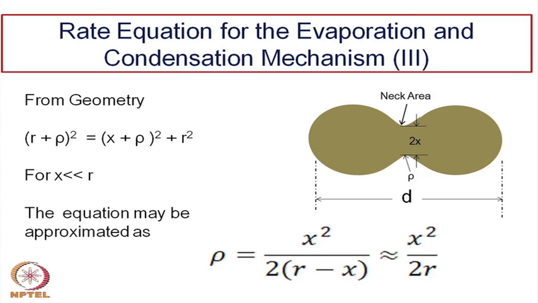And once again, we are also assuming that x is much smaller than r, just as rho is much smaller than r. Then the equation may be approximated as rho equals x square over (2r minus x), which is approximately equal to x square by 2r. Once again x is neglected, so it becomes 2r and x square remains there. So rho becomes x square by 2r.